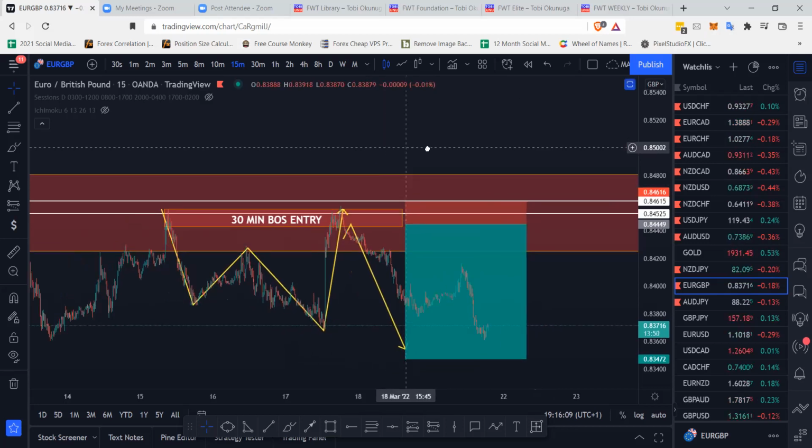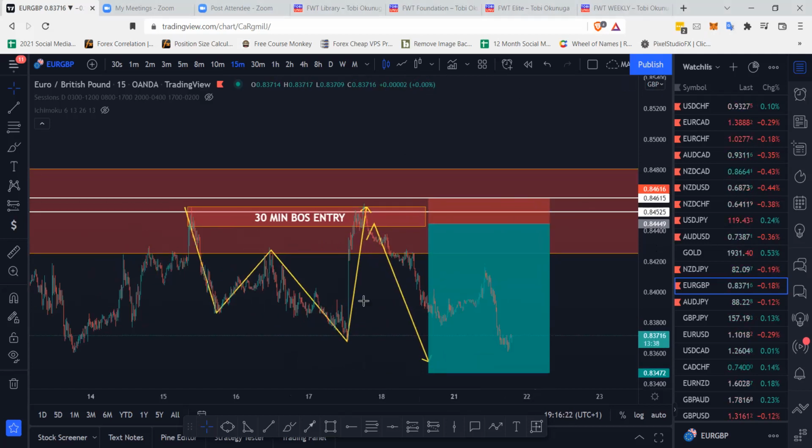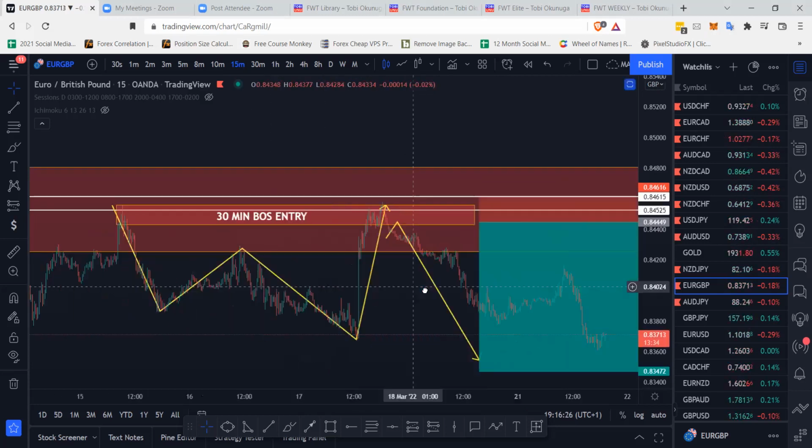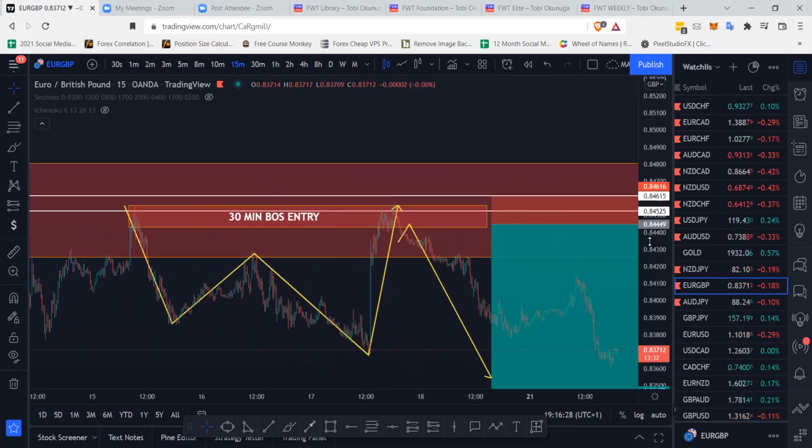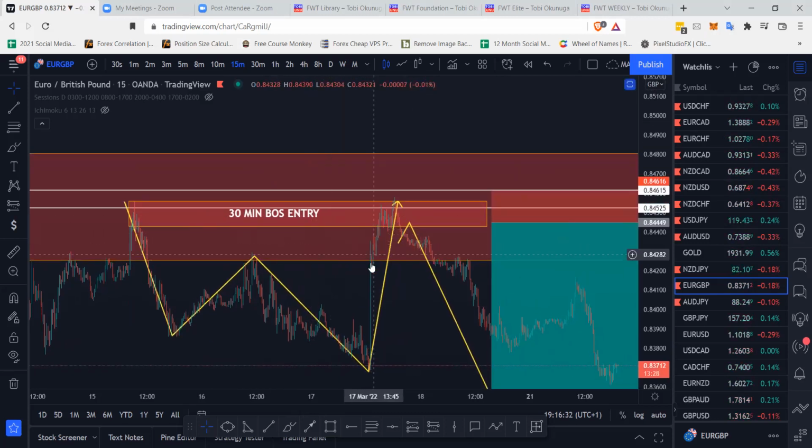So look at this particular trade, this GBP. Mr. Val was the one that even reminded us of this setup. I think it was on Wednesday or Thursday that Mr. Val reminded us of this. And when he did that, I confirmed the setup and then I posted it on the trade setups channel and on the group as well, giving us exactly where we should enter from.